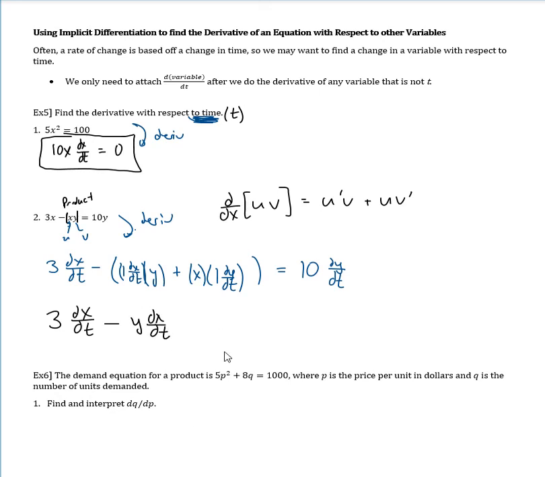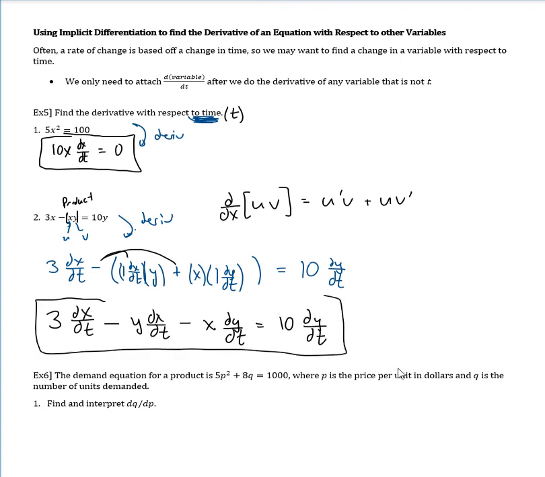And then minus, so this negative distributed, again x times 1 we would just say is x, and then dy dt equals 10 dy dt. And then typically that's it. We usually don't try to solve for anything after that, or we use them in a different case, and we'll see that real soon, but that's it for now. So that's how we do these with respect to time.